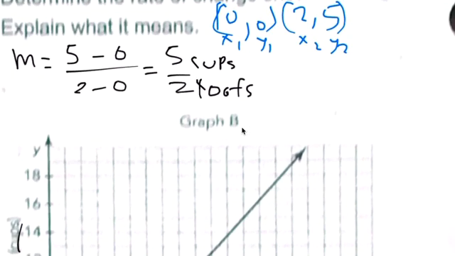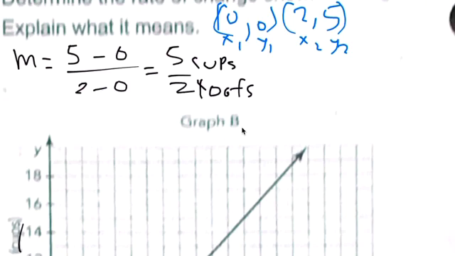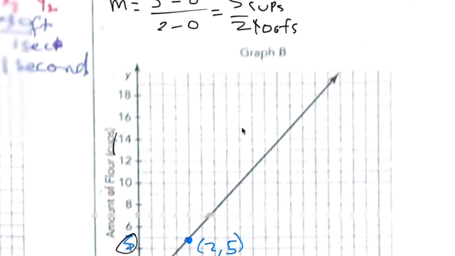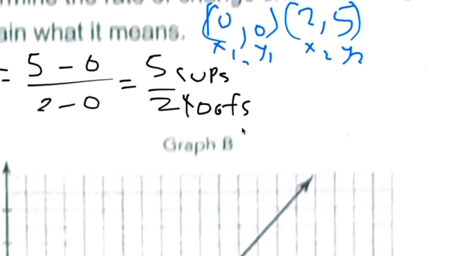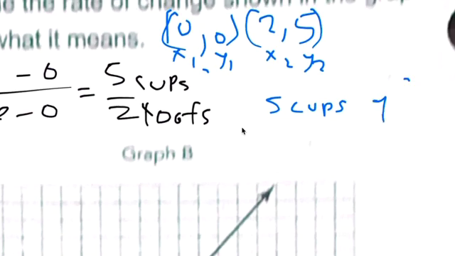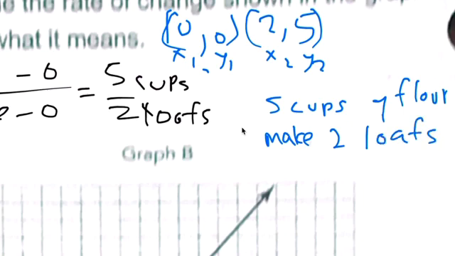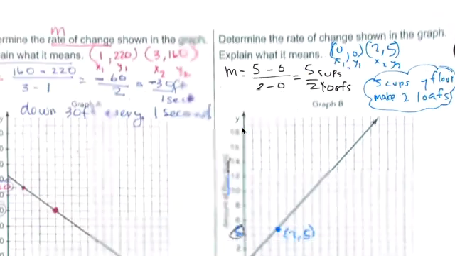So basically, for every 5 cups of flour, 5 cups of flour makes 2 loaves. See, for all of you guys that I return and say you didn't write the meaning, here's why it's important.